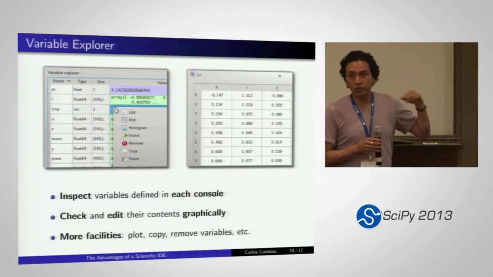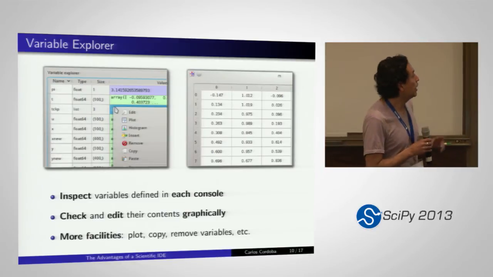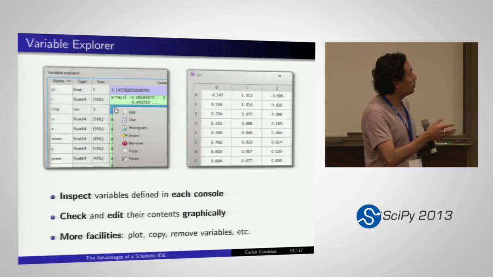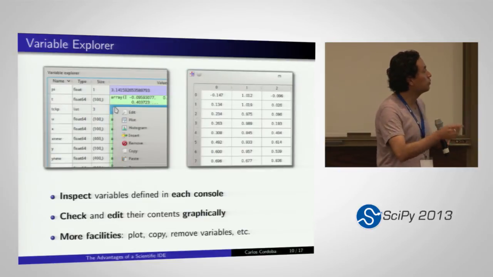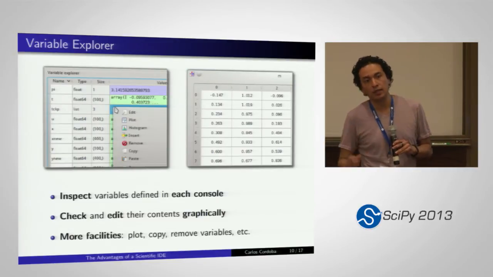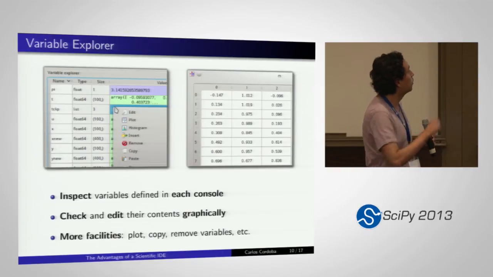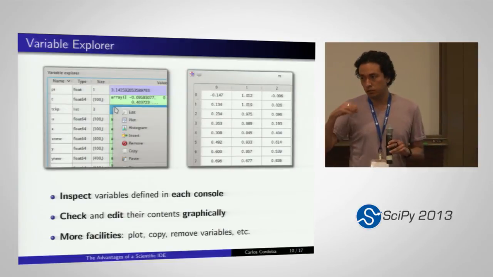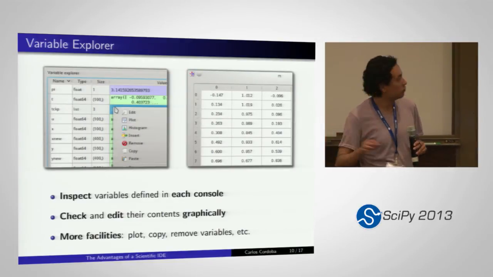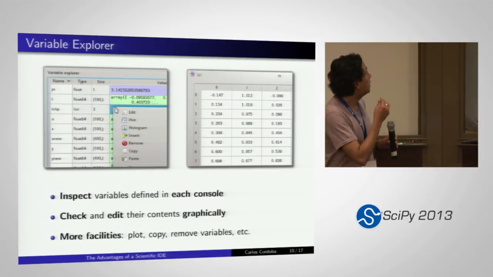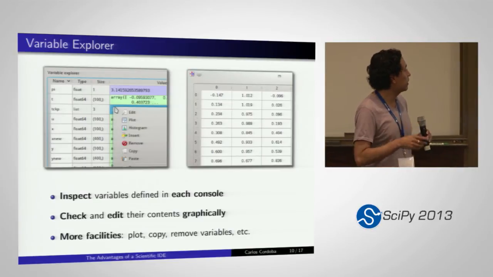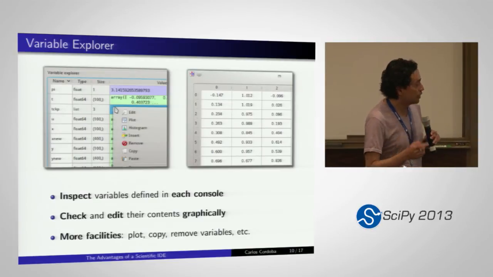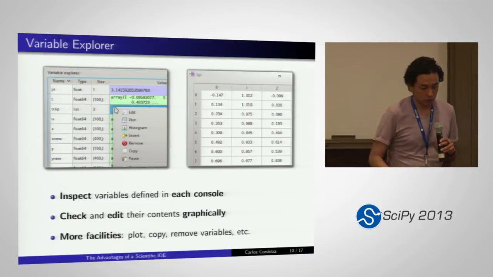By double clicking on any variable, a new window opens, and in that window he can check and edit that variable. That's the picture on the right. By double clicking on each of those cells, the user can change a value and put the value that he wants. And the variable explorer also has more facilities like plotting, copying, or removing variables. So it's very, very useful.